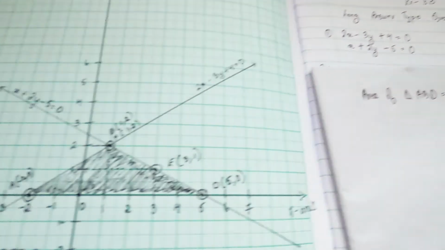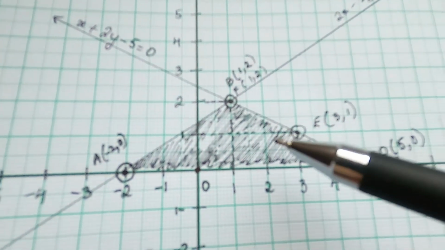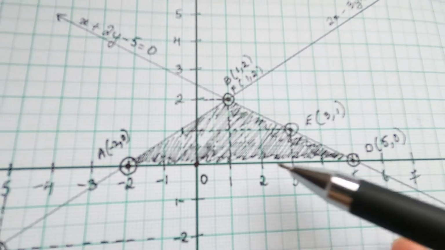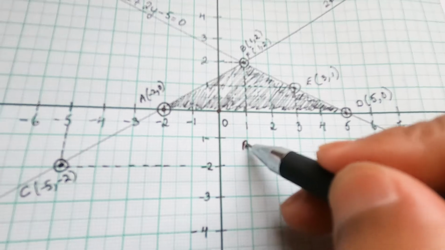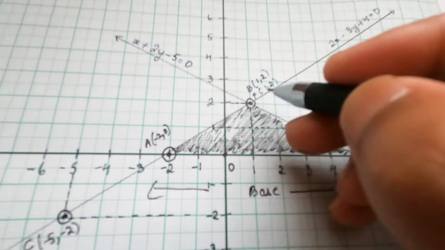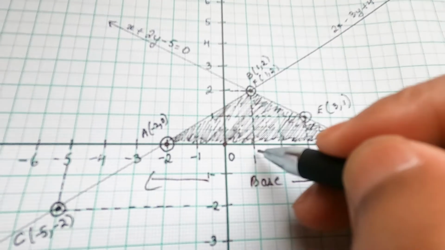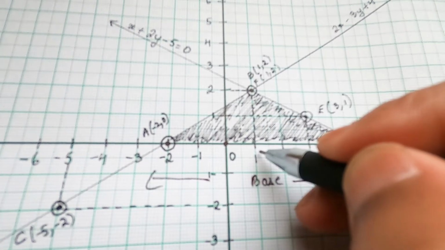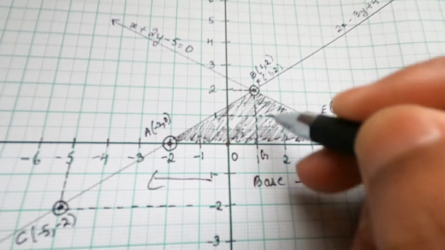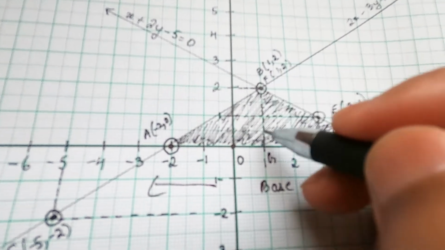All right, so from the diagram we can easily find out that AD will be the base. All right, so in this case AD will be the base, and from B, suppose we will write here, just for example, G, and BG will be the height.